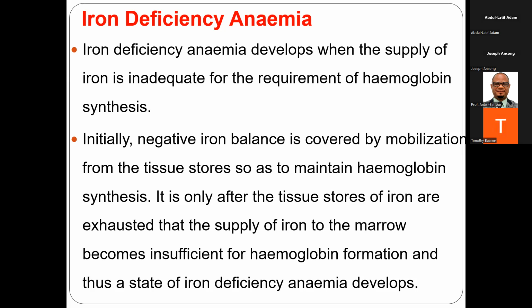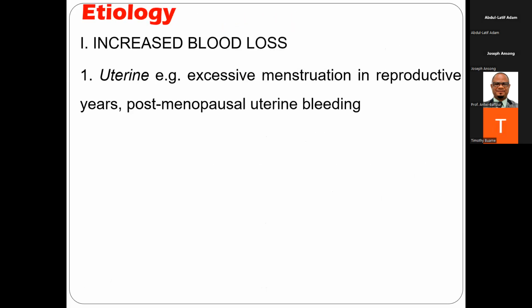It's only after all the tissue stores of iron are exhausted that the supply of iron to the bone marrow becomes insufficient for hemoglobin formation, and the state of iron deficiency anemia develops. So when the person is showing iron deficiency anemia, they will have essentially depleted all iron stores in the body before they show symptoms. So what is the cause?